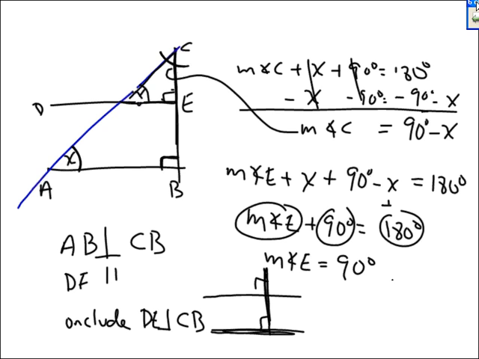And there's no reason to assume the argument the other way doesn't work. These are two lines, they meet at a right angle. If you have a line parallel to this one, say here, and it meets this line, it's going to meet it at a right angle as well. And there's the proof of such a fact.